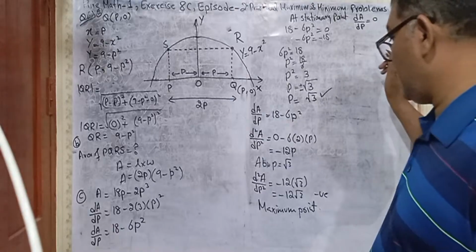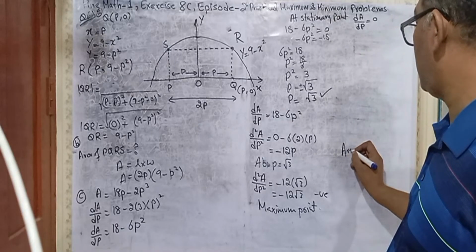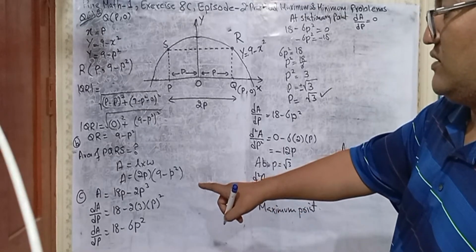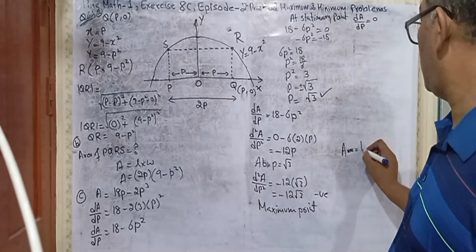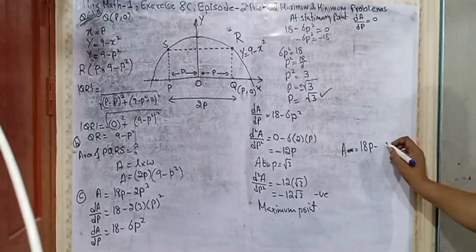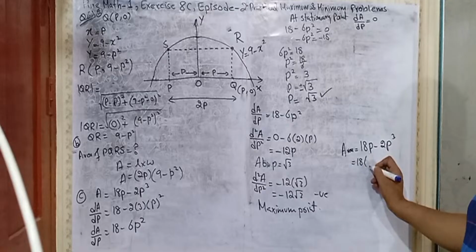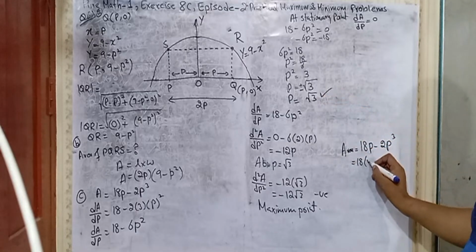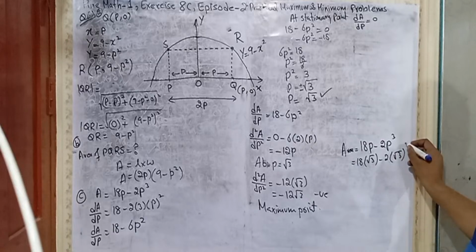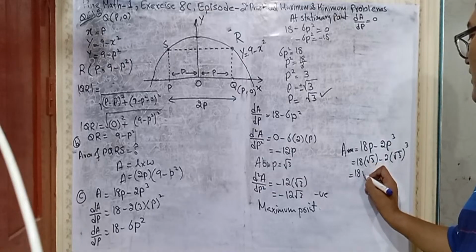Here I can find the area. The formula for the area is 18p minus 2p cube. So 18 into under root 3 minus 2 into under root 3 raised to power 3. So this will be 18 under root 3.